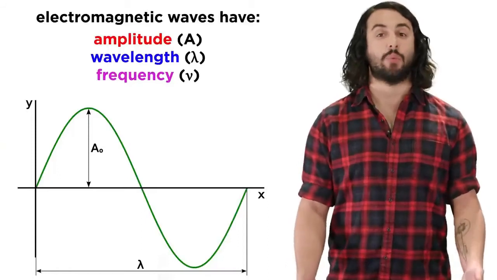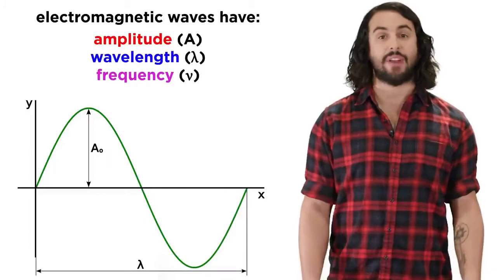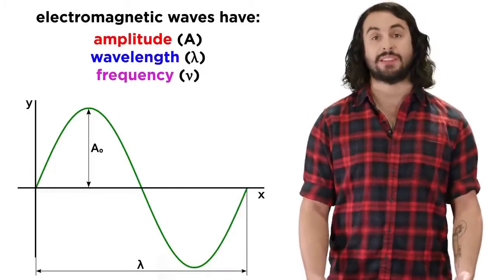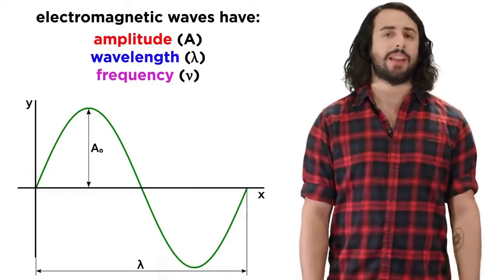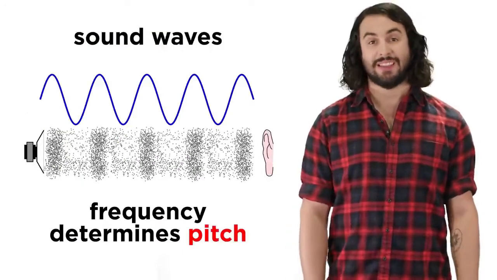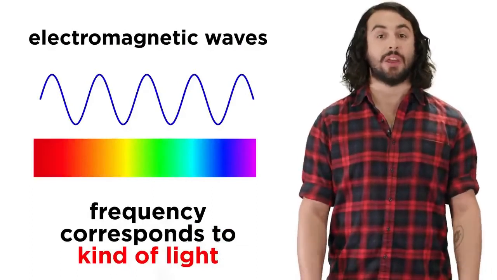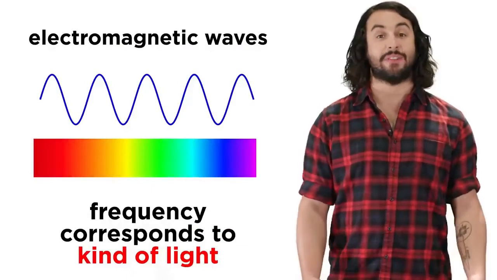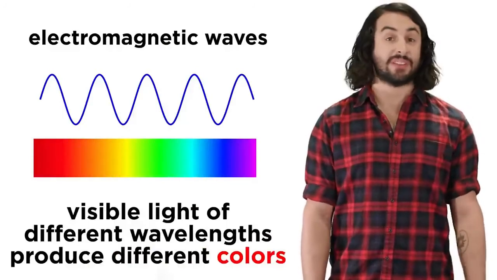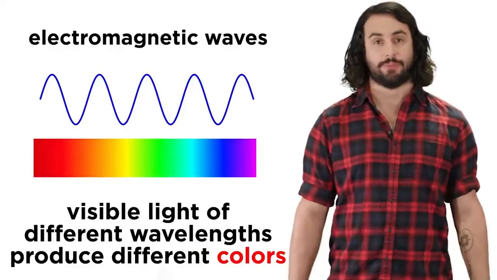Just like the kinds of waves we have previously discussed, electromagnetic waves have amplitudes, wavelengths, and frequencies. But instead of different frequencies producing different pitches, like sound waves, different frequencies of electromagnetic waves produce different kinds of light. If the light is visible, these frequencies will correspond to different colors.